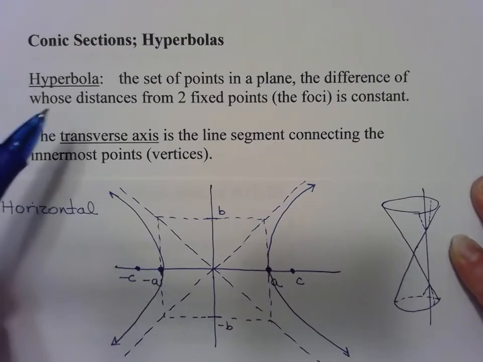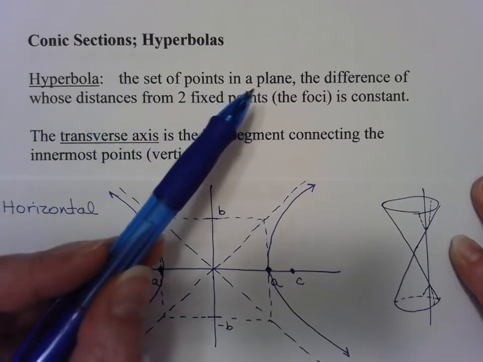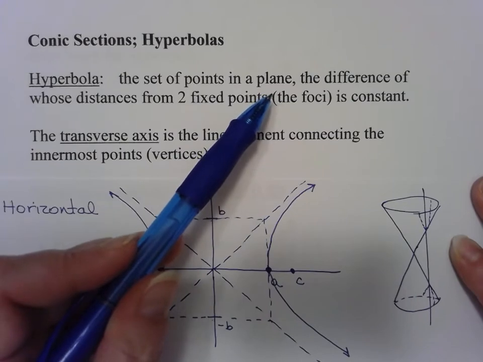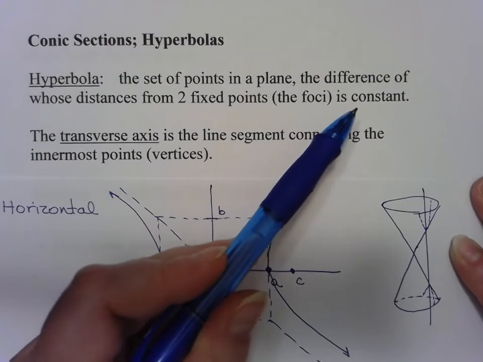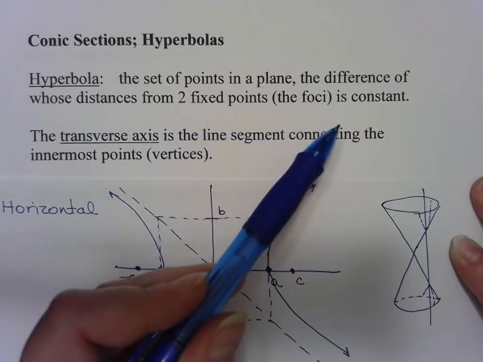Okay, so let's go back to the definition for a second. It says the hyperbola is the set of points in a plane. Again, that just emphasizes that this is a two-dimensional shape. The difference of whose distances from two fixed points is constant.